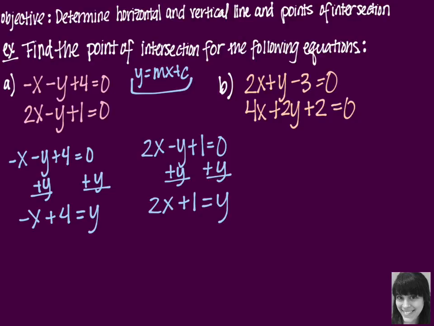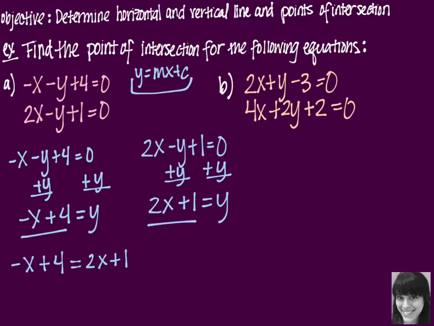Now, I have two equations that both equal y, right? So, if I have two things that equal the same thing, then I should be able to say that this and this are equal to each other. So, I say negative x plus 4 is equal to 2x plus 1. Okay?